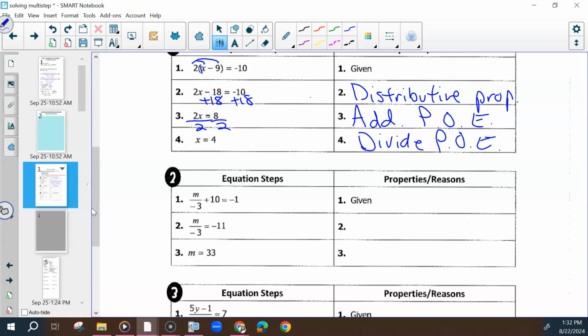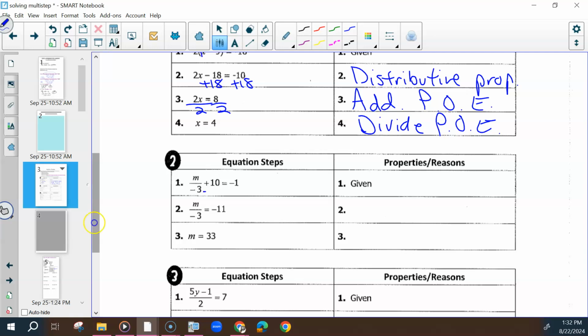Alright, and number 2, this first one is given. What did they do from step 1 to step 2? Subtract. Subtract what? The 10. The 10 on both sides. So that's your subtraction property of equality. And then, how did we get rid of this? We multiplied.